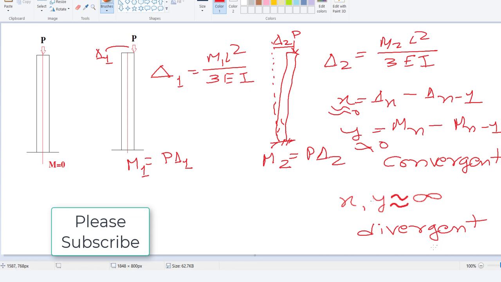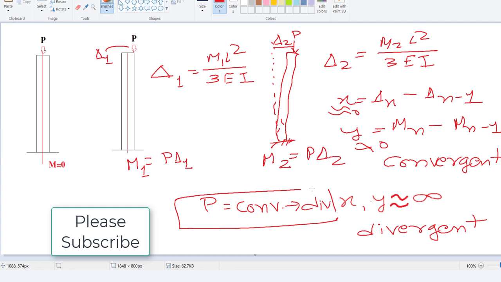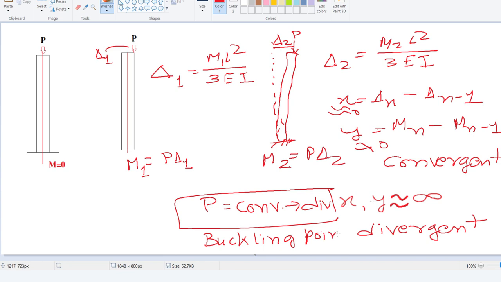Now, this is the load P at which the solution transfers from convergence to divergence. We call it the unstable point, or known as the buckling point. That means after this point, your structure is going to buckle under the applied load P.